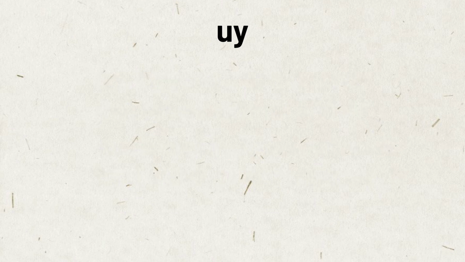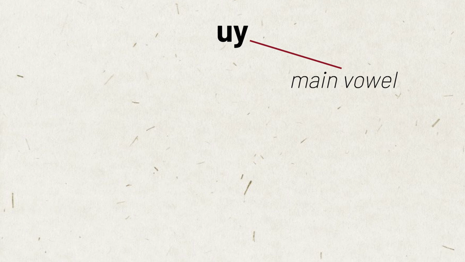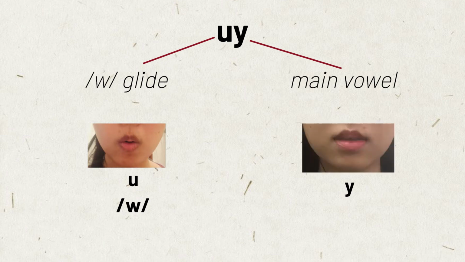But still, I'll go through the pronunciation of this sound. First of all, in this diphthong, the main vowel is ê, and the U in this diphthong acts as a W glide. So to move from the letter U to the letter Y, you simply move from this mouth position to this mouth position.